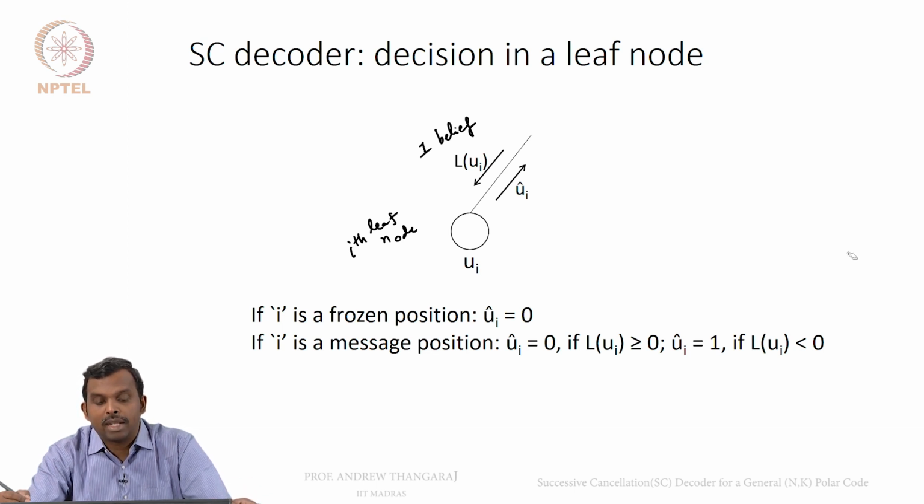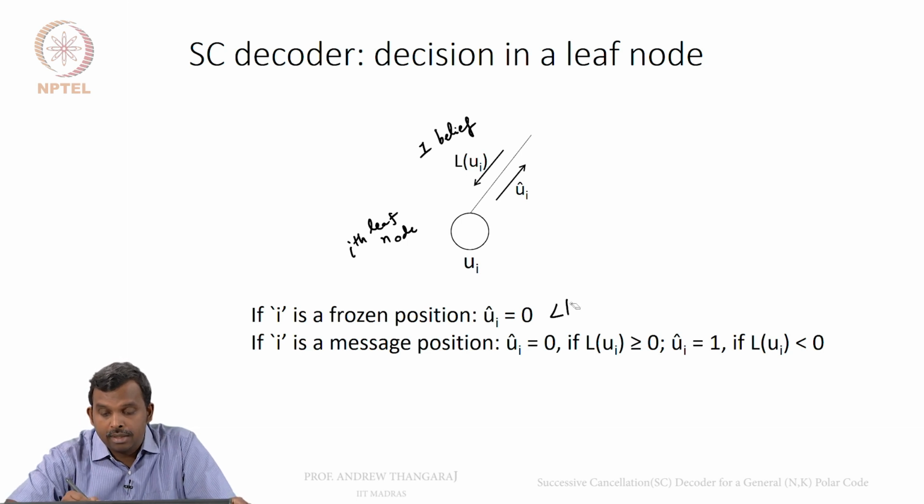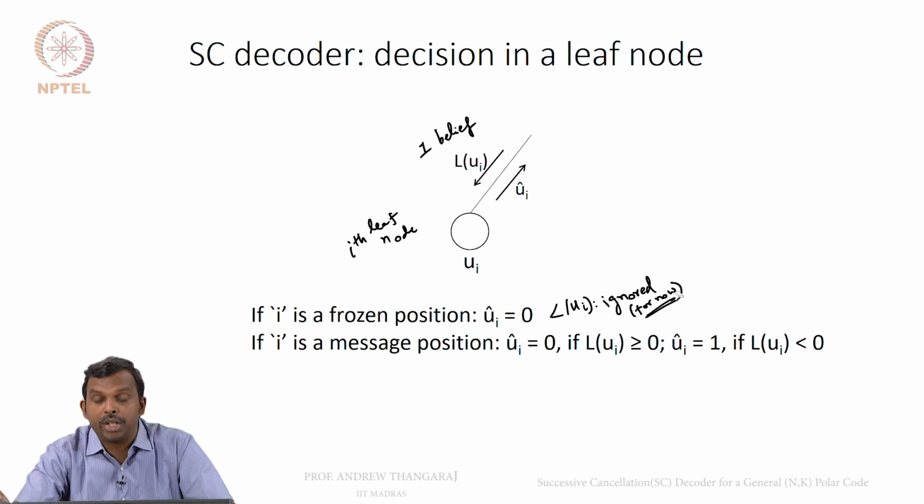In this case L of ui is sort of ignored, for now. Later on we will figure out a way to use it, but for now it is ignored if it's frozen. If it is not frozen, of course L of ui plays an important role.